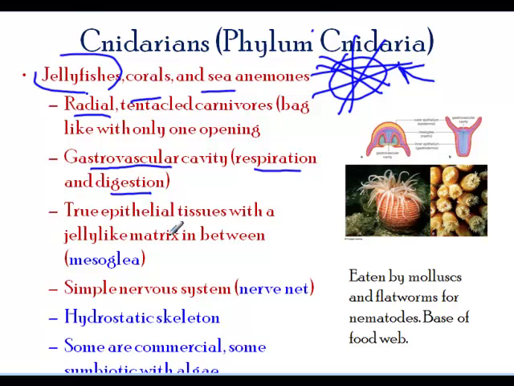Very pretty structures. I don't know if you've ever seen a sea anemone. Maybe next time when you go to a pet store, stop by the marine, the saltwater tank, and you will see all of these over there. They have a very simple nervous system. So actually we see the beginning of a rudimentary nervous system starting from the Cnidarians. The poriferans did not have any kind of nervous system. They just had cells that were probably sensory cells.